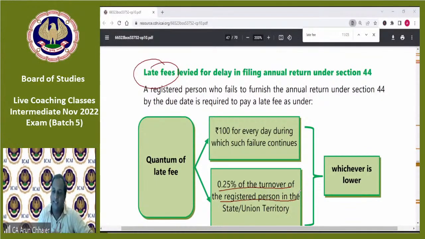If you do not furnish IFF, then please add all the details in the GSTR 1. The GSTR 1 is the entire detail of the quarter minus IFF. If I have furnished only for 1 month, then the balance information you will add in the GSTR 1. Suppose I have not furnished the IFF at all: for the entire quarter, whether B2B or B2C, you will add it in the GSTR 1.